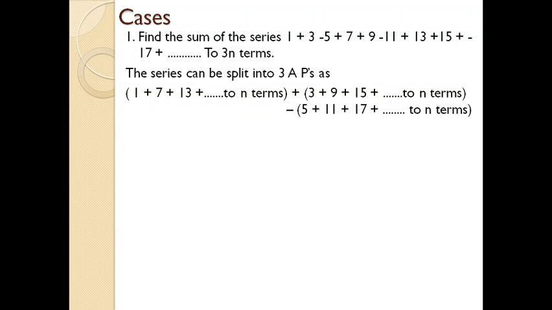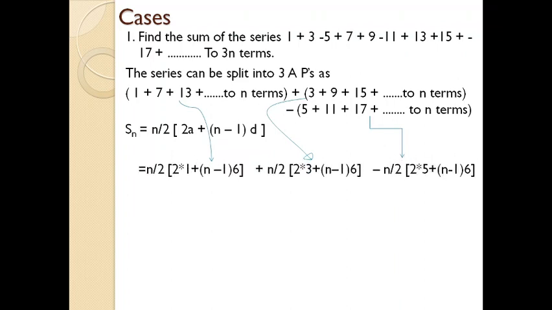So now we have split the entire series into 3 arithmetic progressions, and on the basis of the equation available for the sum of arithmetic progressions, we will substitute the values into that equation and you will get first one, second one, third one like this. n by 2, 2 into 1 plus n minus 1 into 6, plus n by 2, 2 into 3 plus n minus 1 into 6, minus n by 2 into 2 into 5 plus n minus 1 into 6.